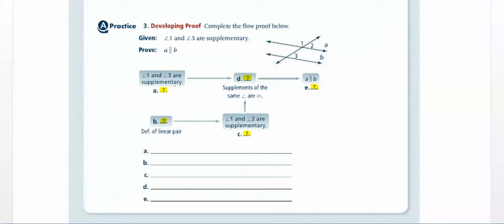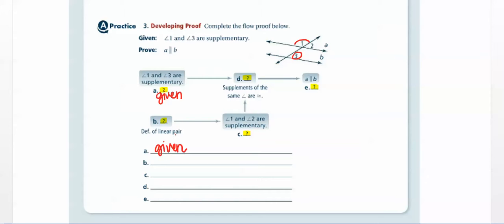So we have that angle 1 and angle 3 are supplementary. Angle 1 and angle 3 here are supplementary. Okay, that is given. So A is given. All right, B says definition of a linear pair.